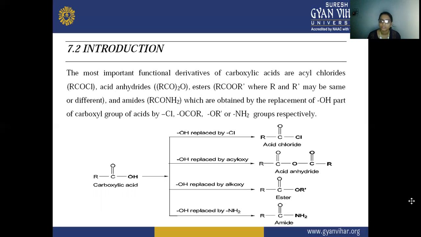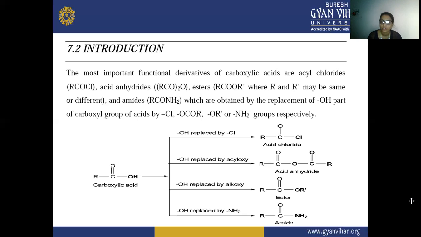If the OH group is replaced by a halogen, then there is a formation of the acid halide. If the OH is replaced by the acyloxy group, then there is a formation of the acid anhydride. If the OH group is replaced by the alkoxy group, then there is a formation of the ester. And if OH is replaced by NH2, then there is a formation of the amide.